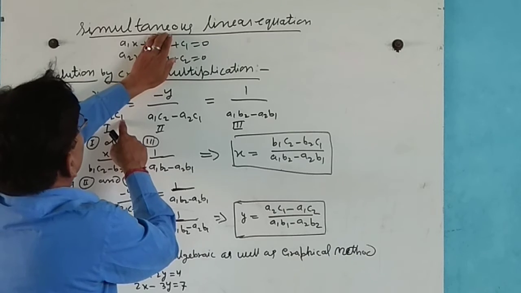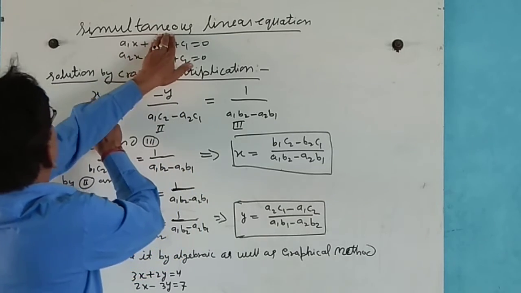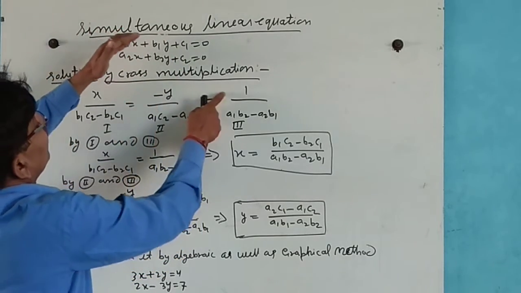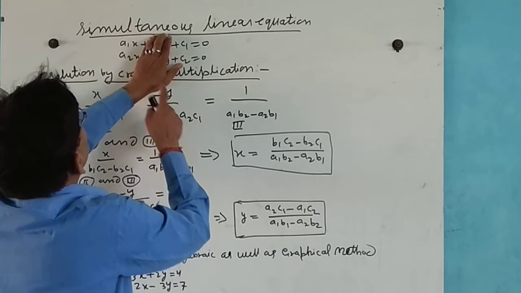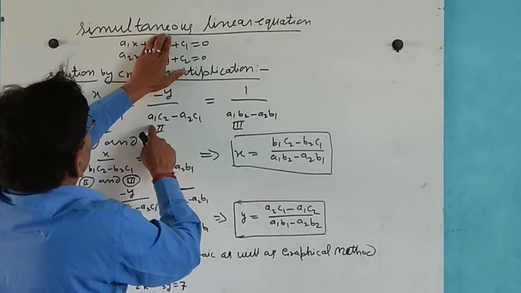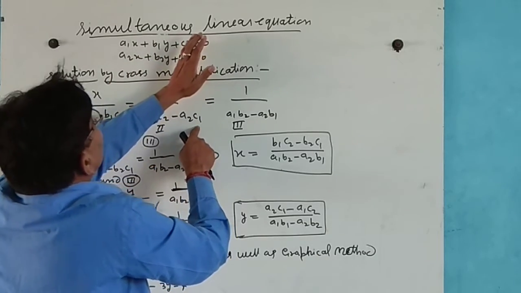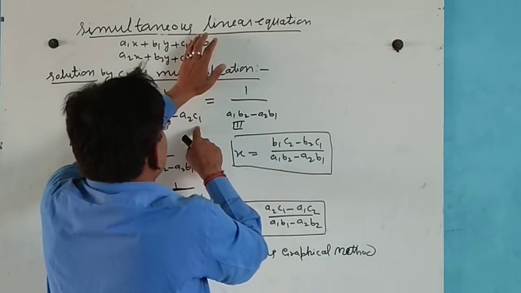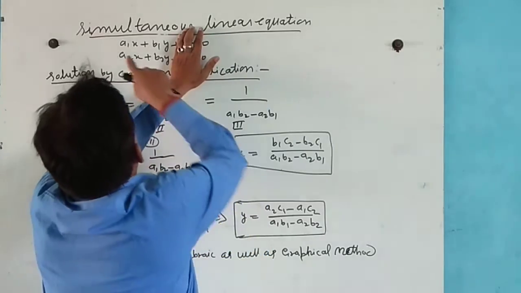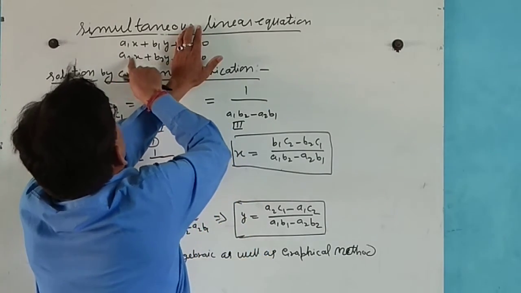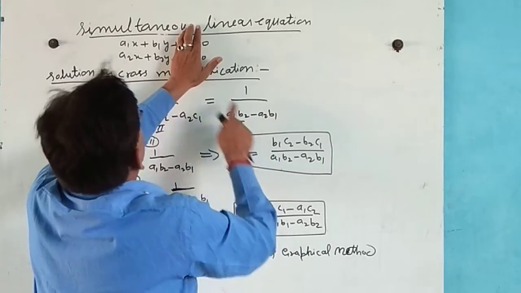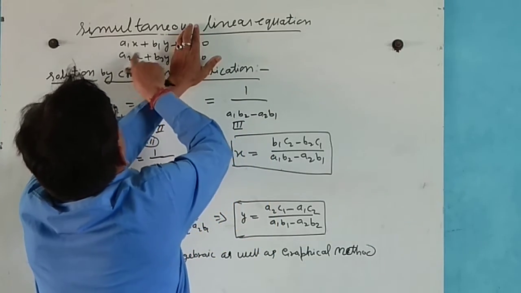Now y, plus minus plus, y divided by a1 c2 minus a2 c1, and 1 by a1 b2 minus a2 b1.